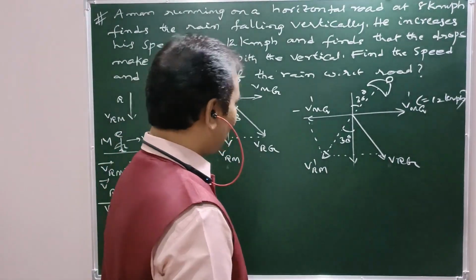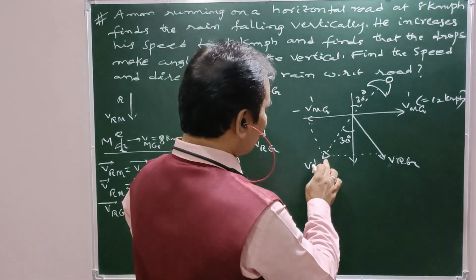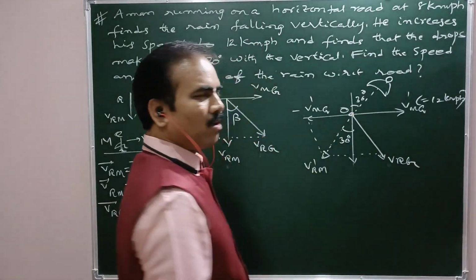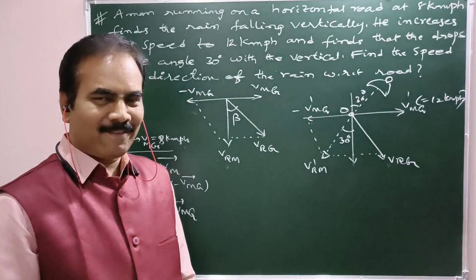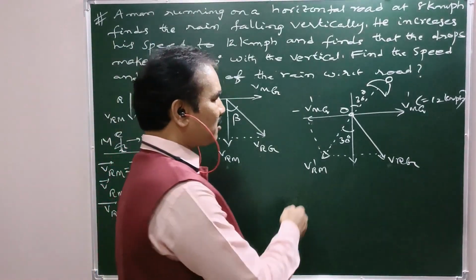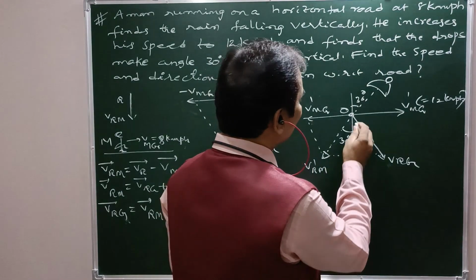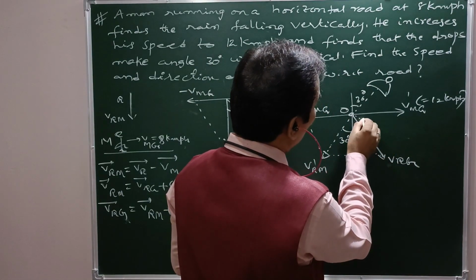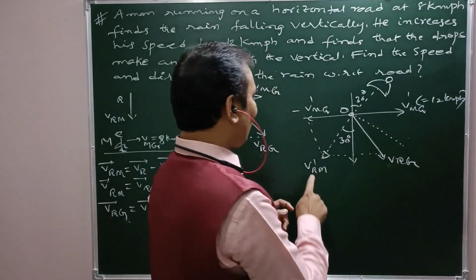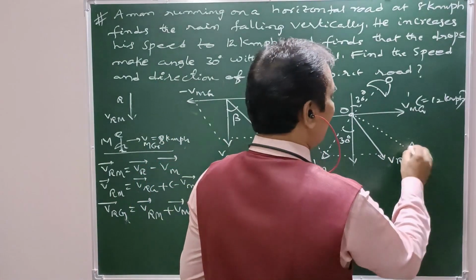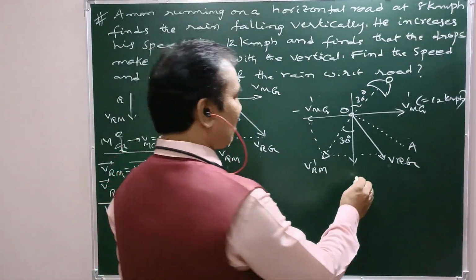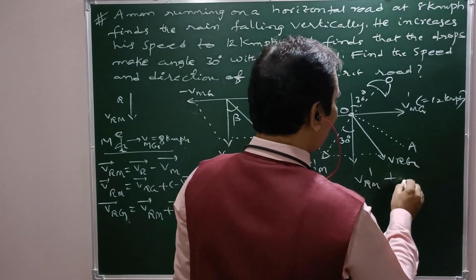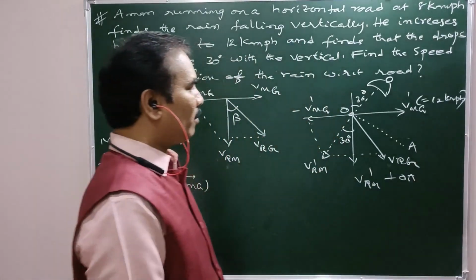Now how to find it? Say this is VRM dash, and suppose here is O, the origin. Now take one line which is perpendicular to VRM dash. I am taking one more line, perpendicular to VRM dash, let it be OA. So VRM dash is perpendicular to this line.